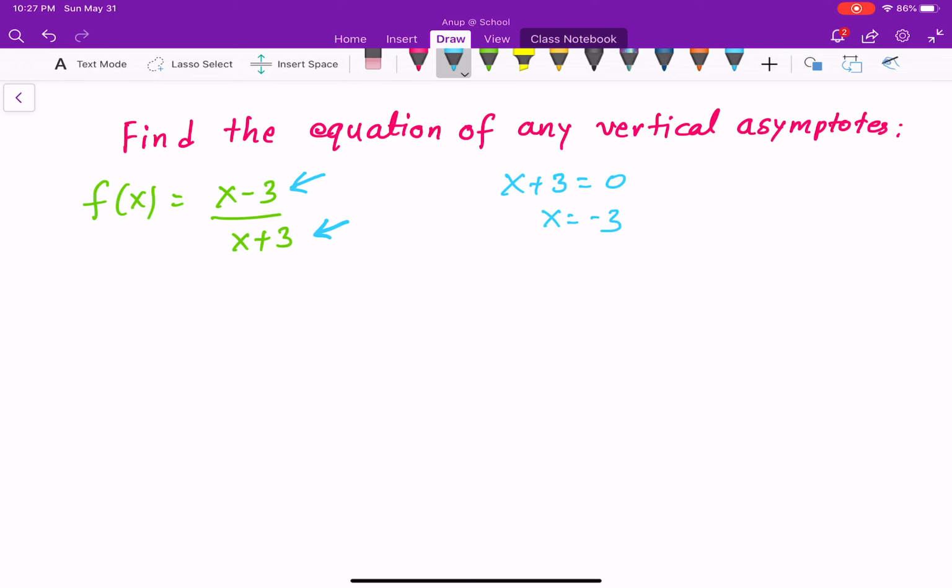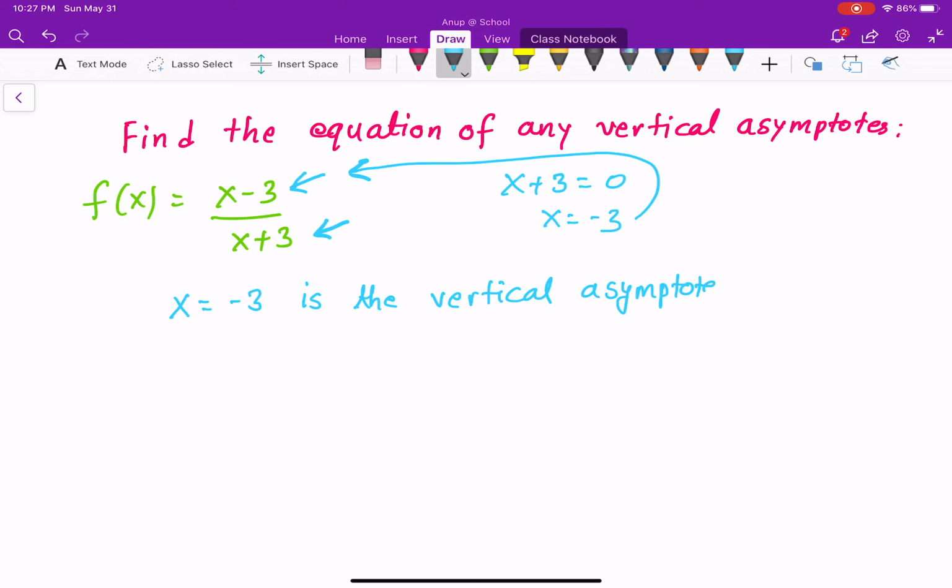But if you plug that number into the numerator, you can see the numerator is not equal to 0. So they don't have any real zero in common. Then we can clearly say that x equal to -3 is the vertical asymptote for this problem. Very easy, right, in this case.